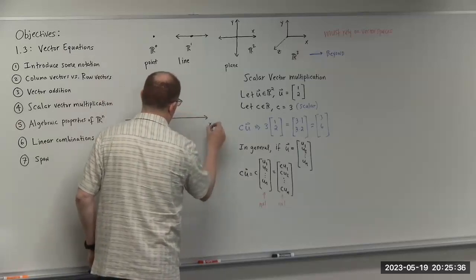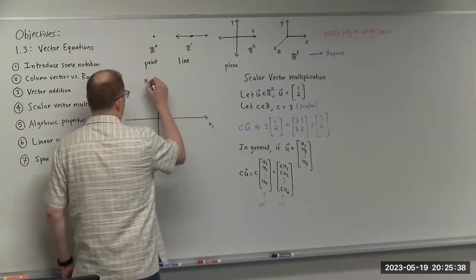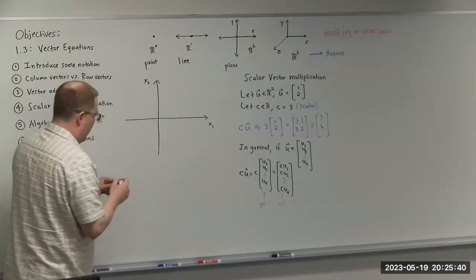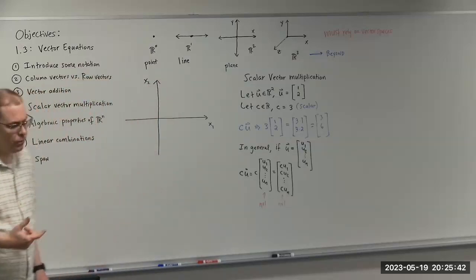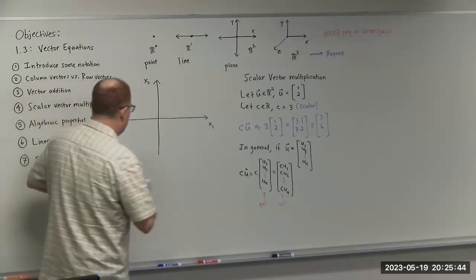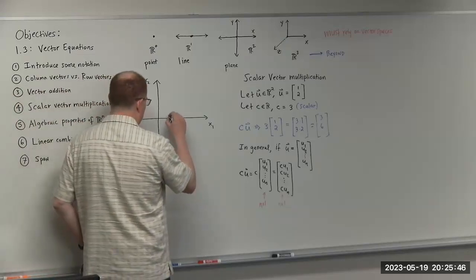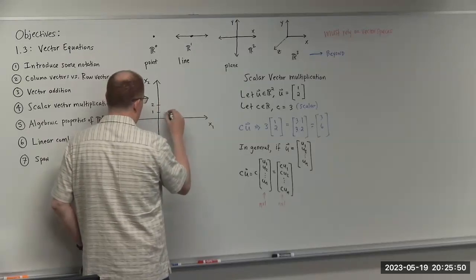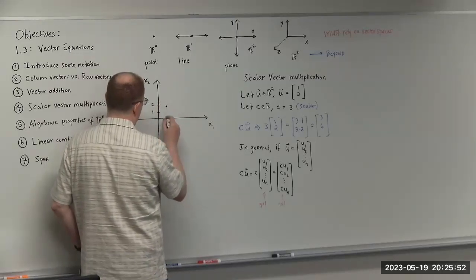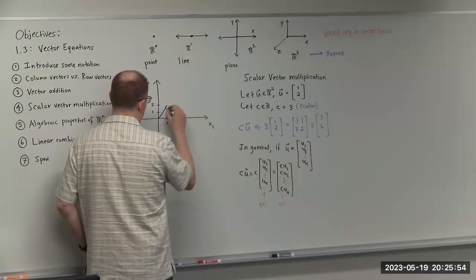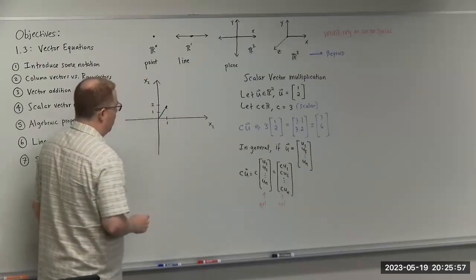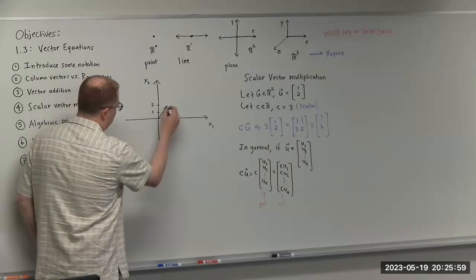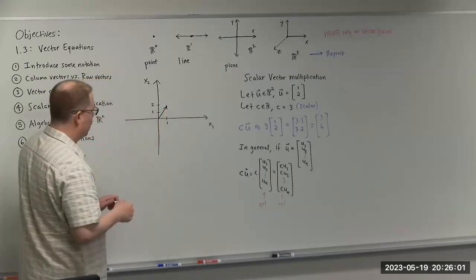So this being x1, this is x2, and the original vector we're working with is this vector u. So let's say 1 here, and here's 2. So there's what the vector u looks like.